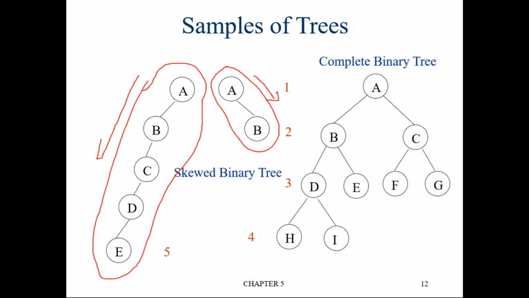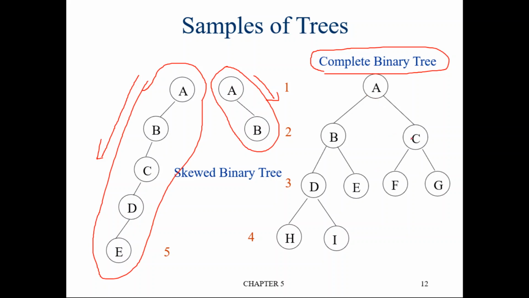So there are different types of binary trees. This binary tree is called a complete binary tree. Why do we call it a complete binary tree, and what is it? A has two children, B and C. B has two children, D and E. C has two children, F and G. D has two children, H and I. F and G don't have any children.